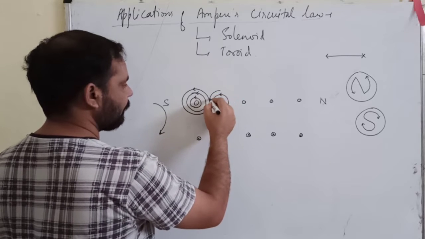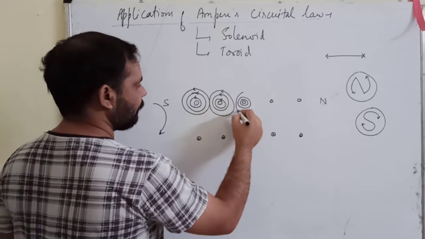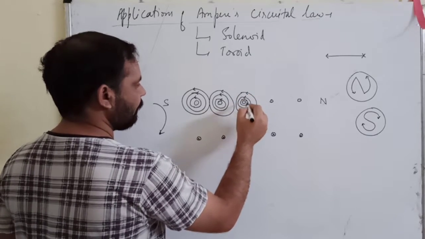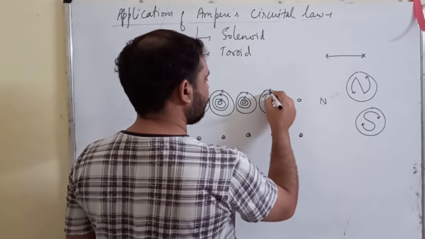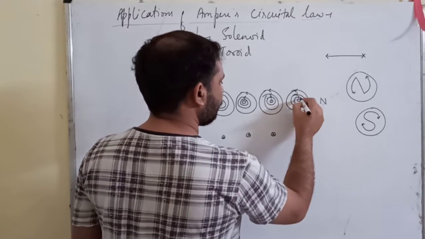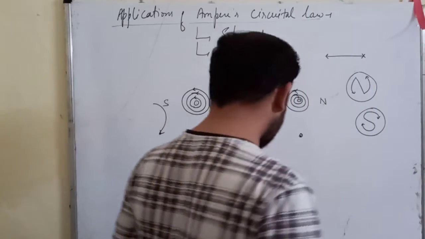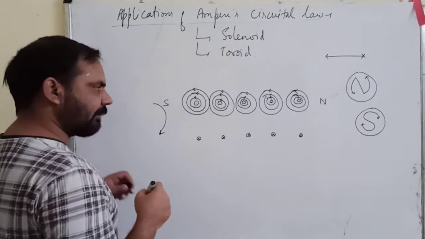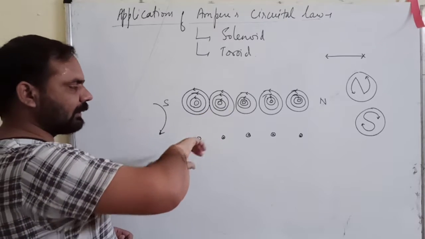And here, the direction of the magnetic field will be as follows: you put your thumb into the board, so the direction of the fingers is clockwise.